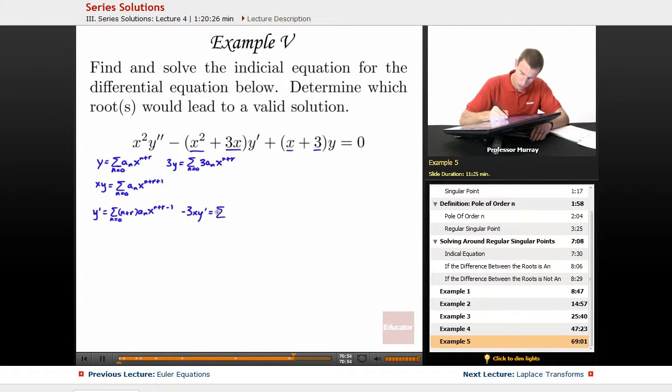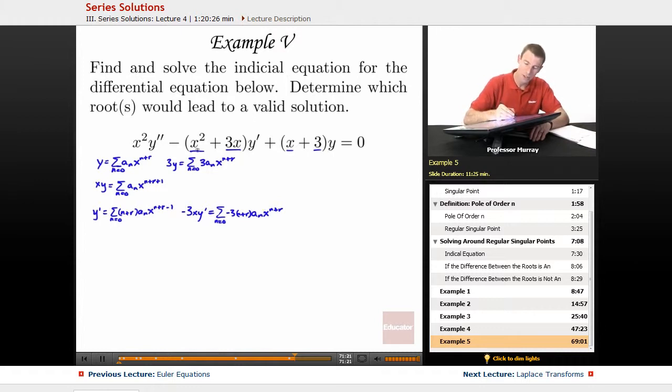Negative 3x y prime would be, I'll put the negative inside the series, n equals 0 to infinity of negative 3 n plus r a sub n. Now x will bump up the power of x to x to the n plus r.